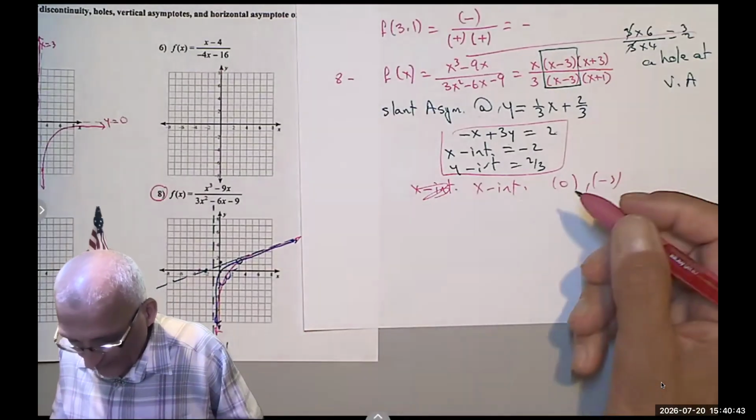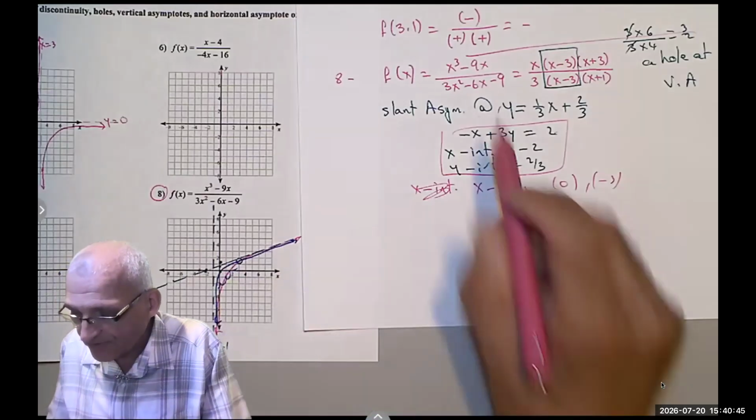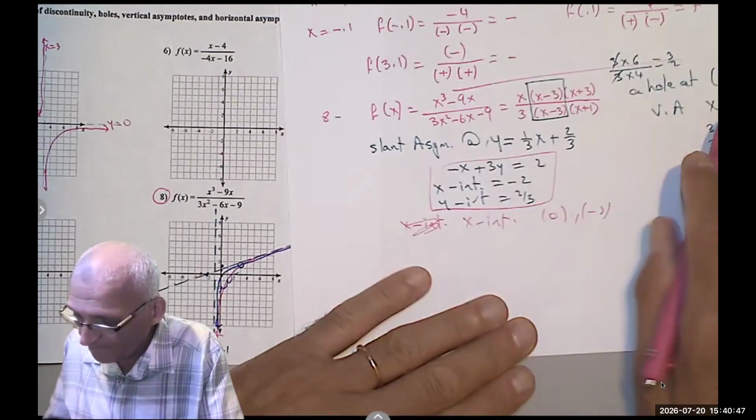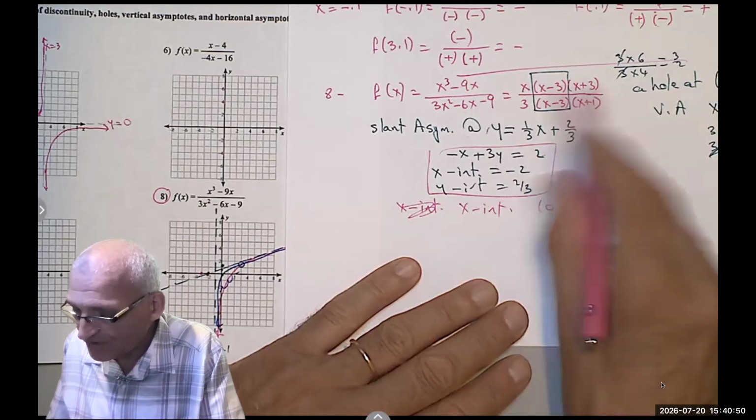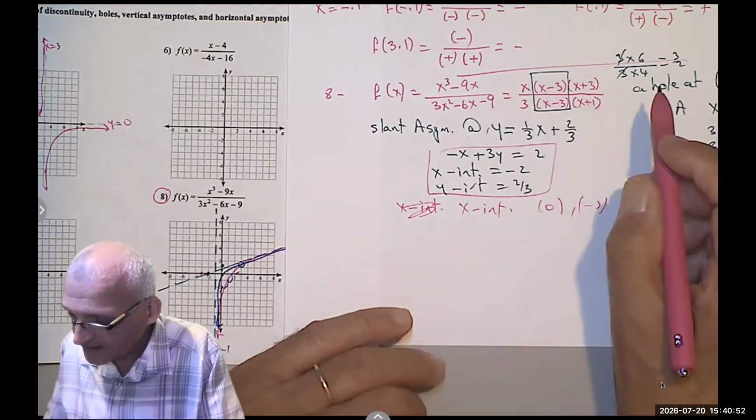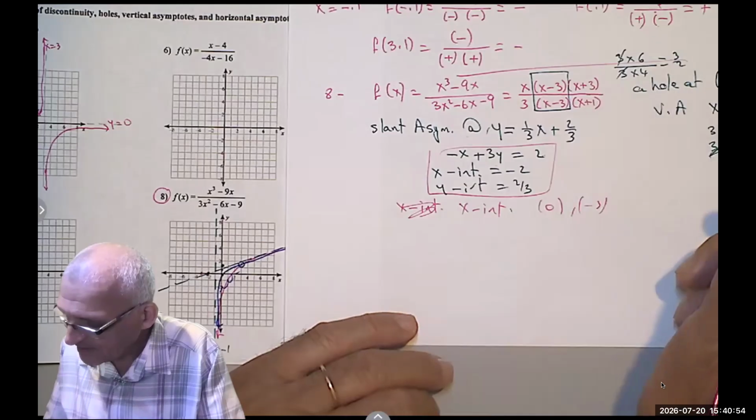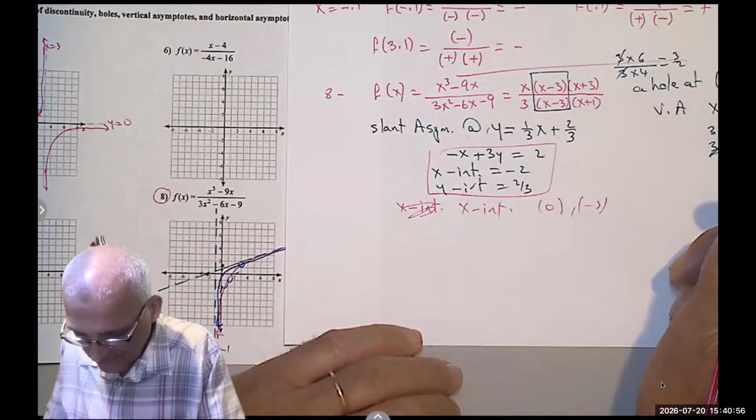If you try the y-intercept, you will get 0, right? The y-intercept, when you set all the x's, why didn't we find the y-intercept?